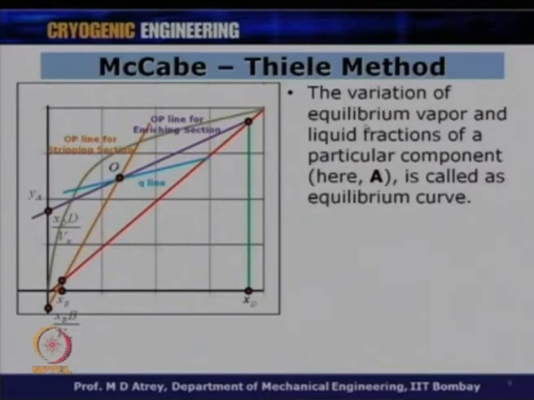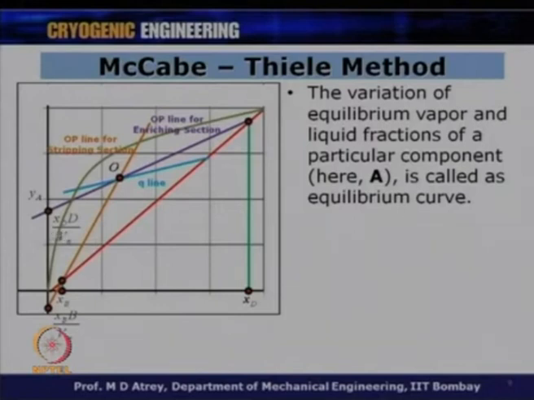The variation of equilibrium vapor and liquid fraction for a particular component is called the equilibrium curve. If you remember my earlier lectures, we talked about this: an equilibrium curve exists for every mixture, for a given composition and pressure. So, these are the points at which y and x, vapor and liquid, are in thermal equilibrium.